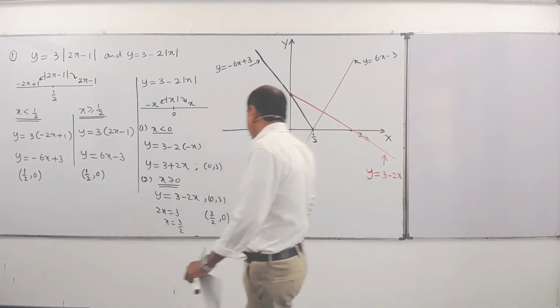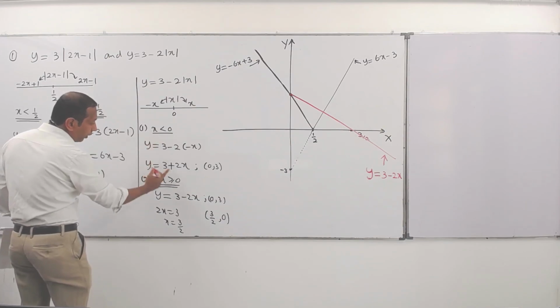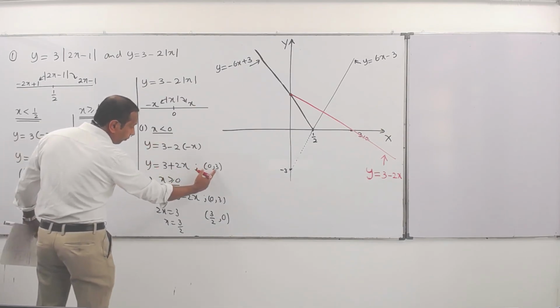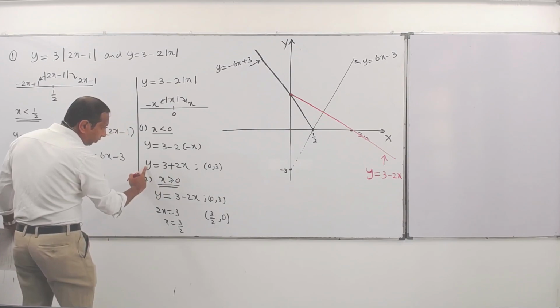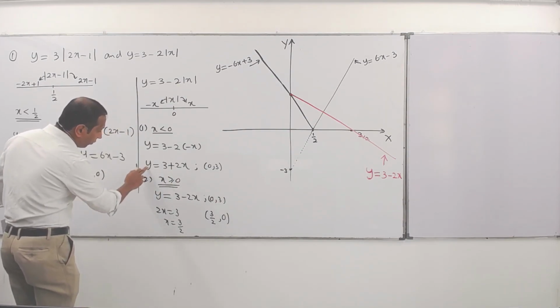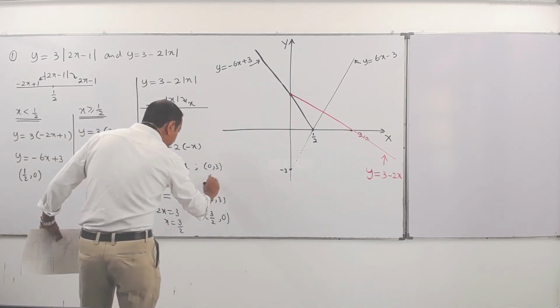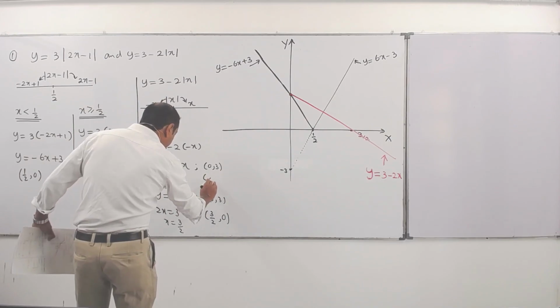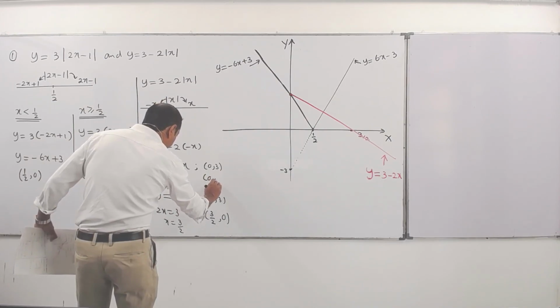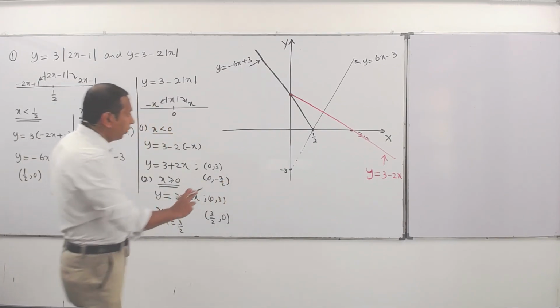Now for this line, the point is this. When we put y 0 there, we get x as minus 3 by 2. The point to draw this line is y 0, x minus 3 by 2. That means the minus 3 by 2 point is somewhere here.